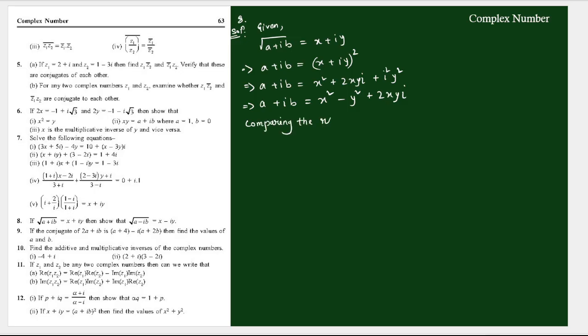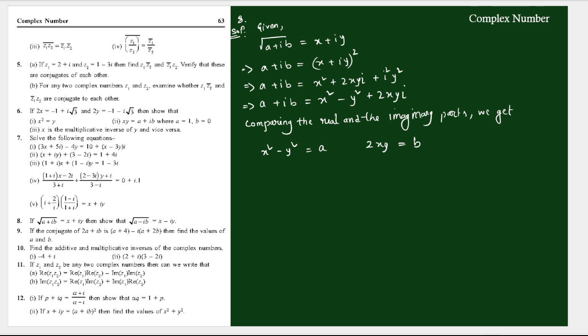Comparing the real and the imaginary parts, we get, or we have, x square minus y square equal to a, yes, and then 2xy is equal to b. We have got the value of a and b.